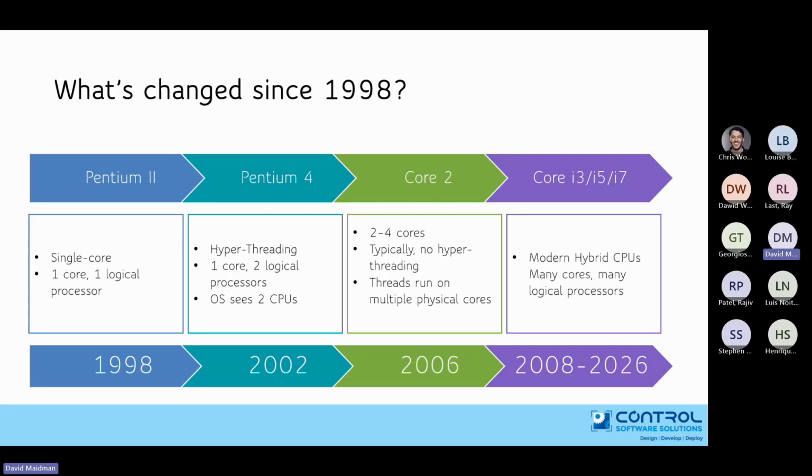Okay, so again, we'll firm up some of this later on. Then by 2006, we have the Core 2 type processors, where you have two cores, and the threads can then run on multiple physical cores. And then as we go to the systems that we're working with now, we've got lots of cores and lots of logical processors.